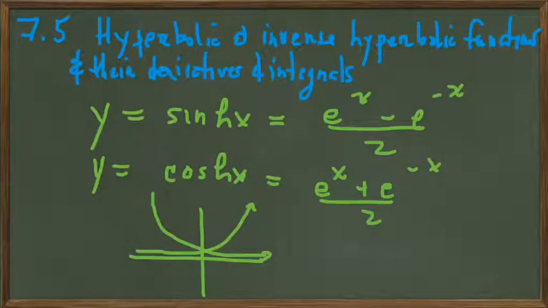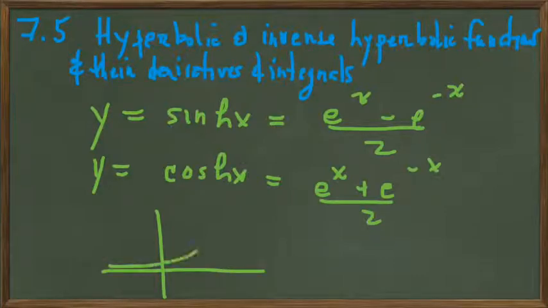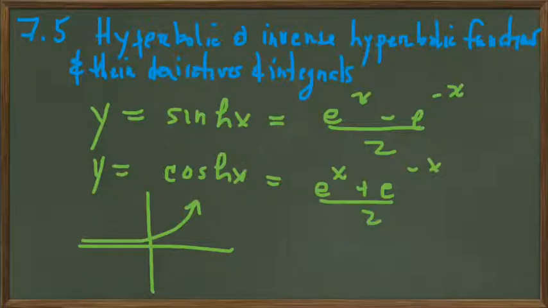And you can imagine that if you take the graph of e to the x and subtract from that e to the minus x, which is the same as adding minus e to the minus x, so e to the minus x looks like that, but minus e to the minus x would look like this.